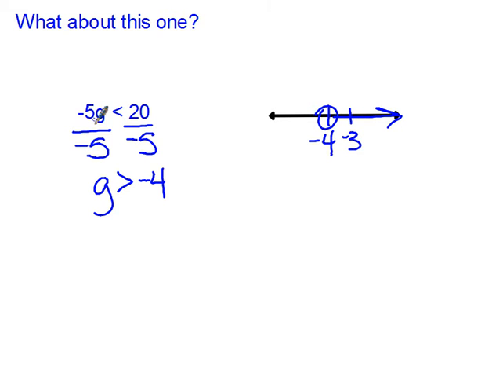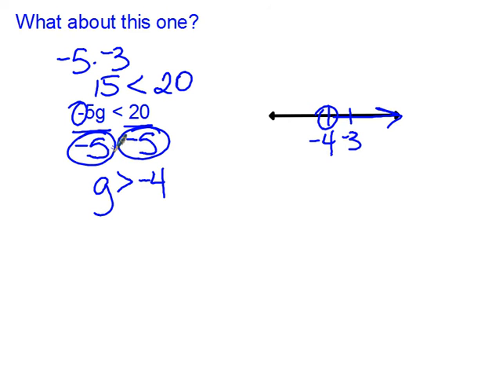So if I plug in negative 3, negative 5 times negative 3, I'm going to get a positive 15. Is 15 less than 20? Yes, it is. So this negative is going to cause the inequality to flip as we are solving these problems. If these numbers here are negatives, this inequality will flip.